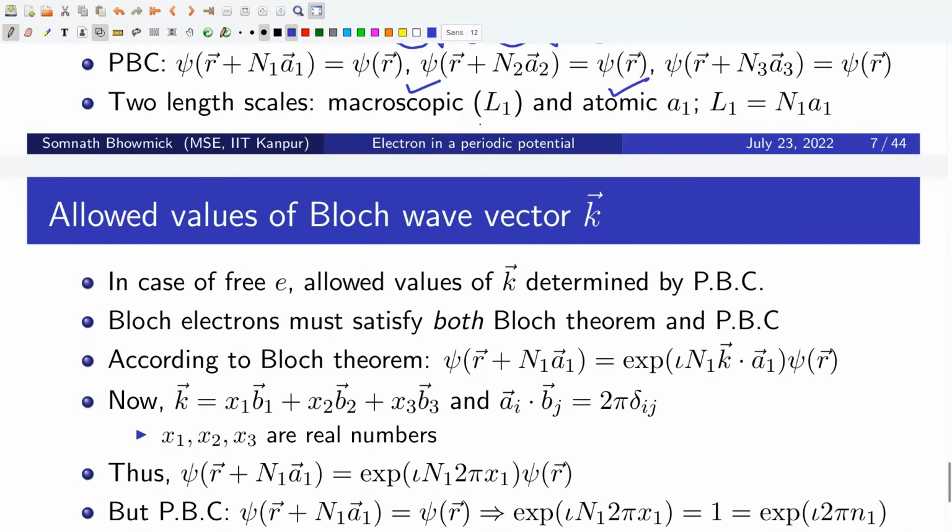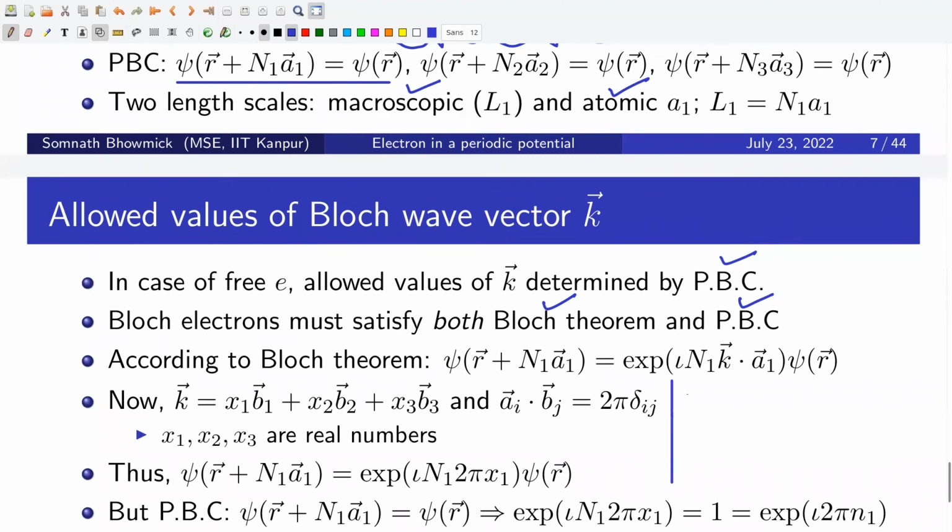Let us find out the allowed values of Bloch wave vector k. In case of free electrons, allowed values of k are determined by periodic boundary condition. This is true even for the Bloch electrons. However, in case of Bloch electrons, they must also satisfy Bloch theorem. Now, let us take the periodic boundary condition along the direction of vector a1.